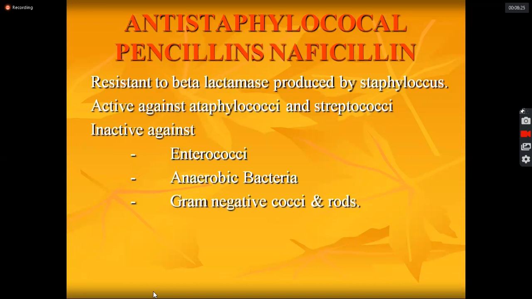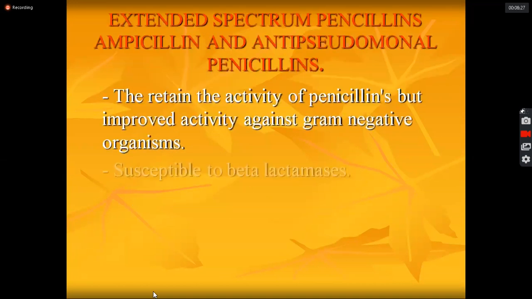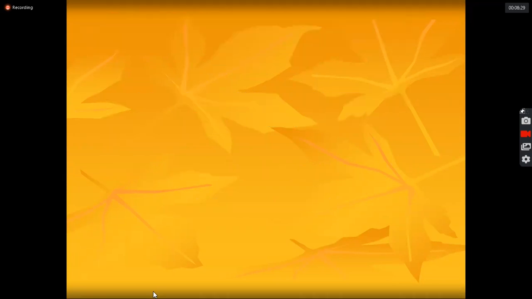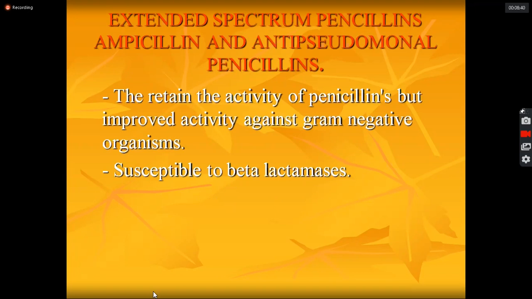Now, extended spectrum penicillins, which are ampicillin and anti-pseudomonal penicillins. These are wide spectrum penicillins. Now see the word extended. Extended spectrum means that they retain all the activity of penicillin G with the extended spectrum to act against the gram-negative rods.